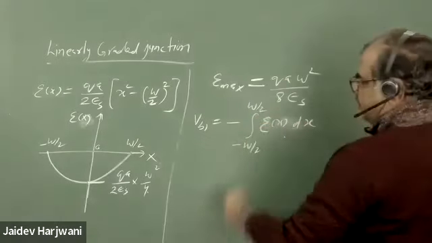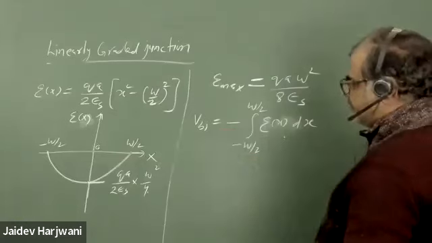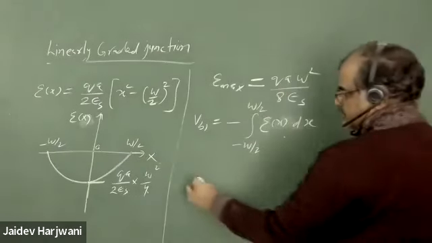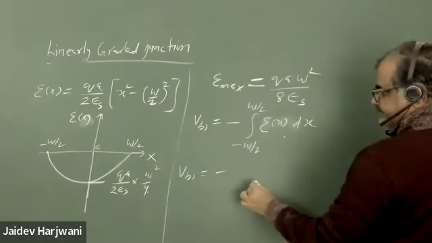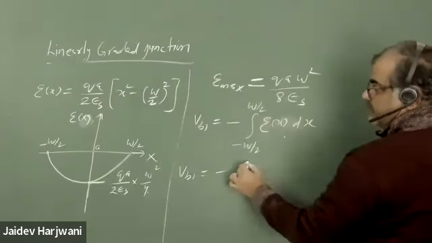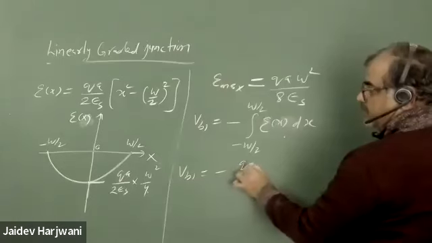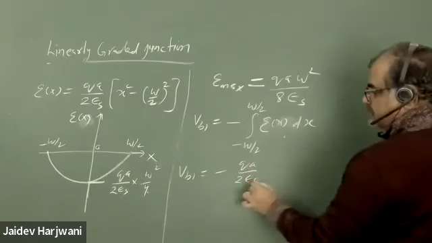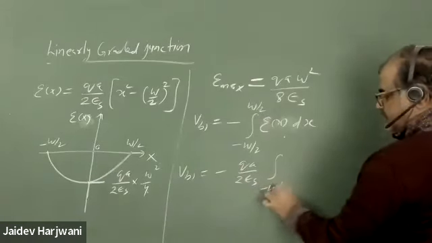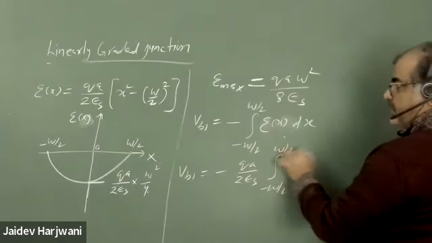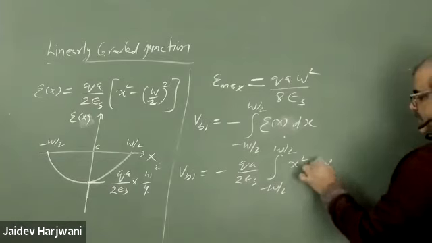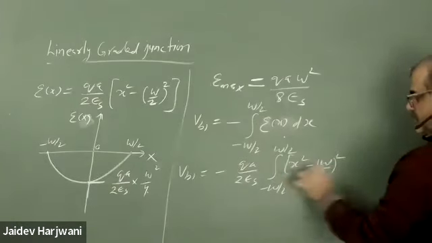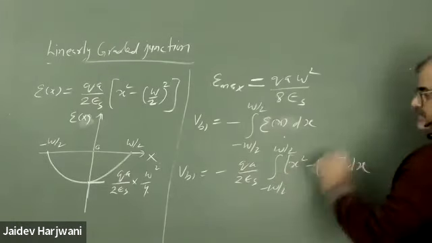Just put this value here, integrate, and you get the expression for V_BI. So V_BI will be minus q a upon 2 epsilon_s, integral from minus W by 2 to W by 2 of x square minus W by 2 whole square dx.